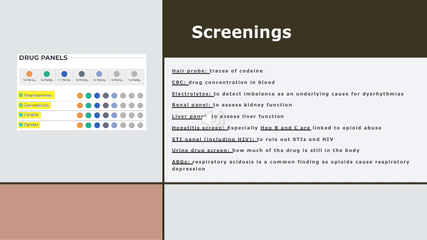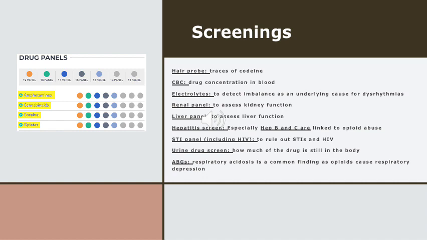There are several screenings that will be performed to determine the patient's addiction. Hair probe, traces of codeine. CBC, drug concentration in blood. Electrolytes to detect imbalance as an underlying cause for dysrhythmias. Renal panel to assess kidney function, liver panel to assess liver function.